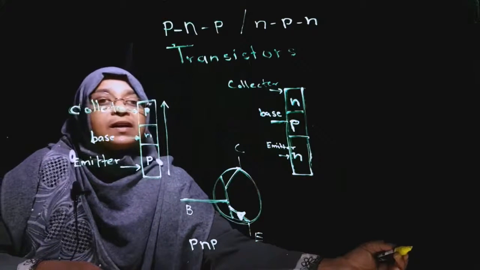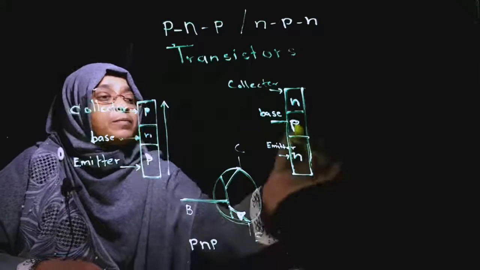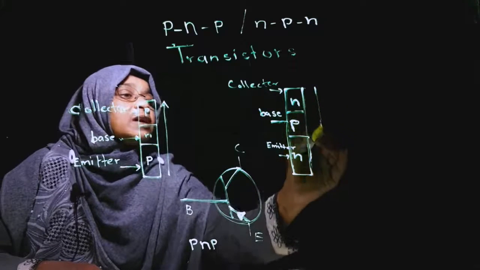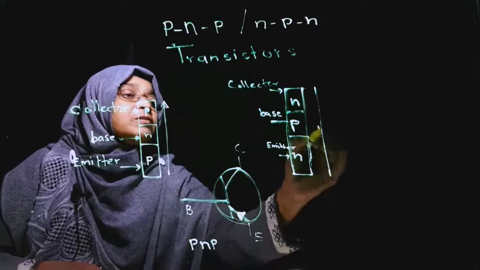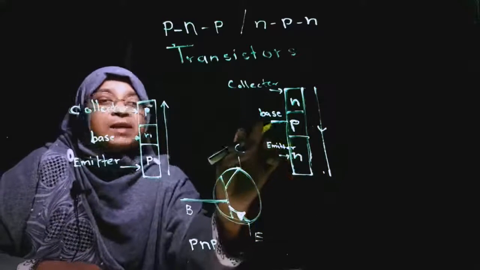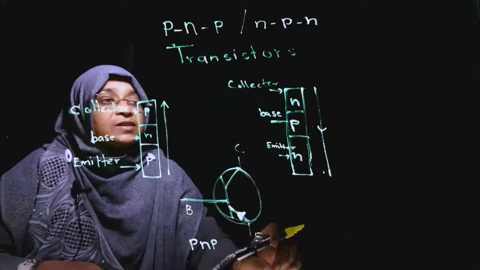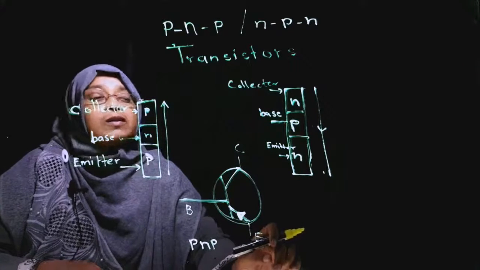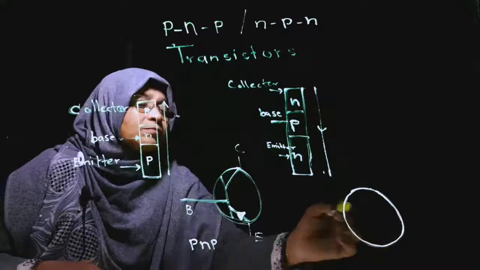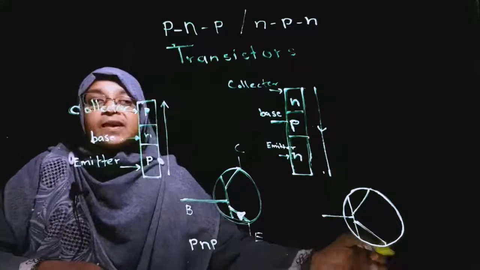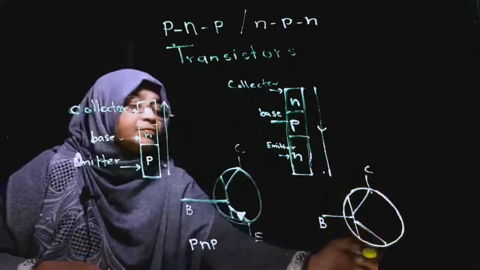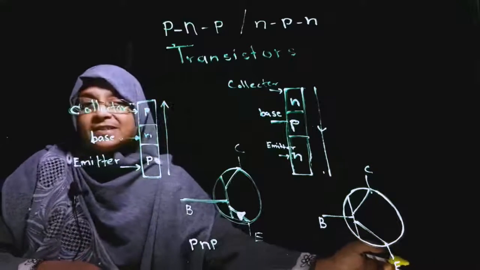We know the direction of current flow is P to N. So, the current flowing direction can be shown as this. This type of transistor can be shown in the symbol like this. Base, collector, emitter.